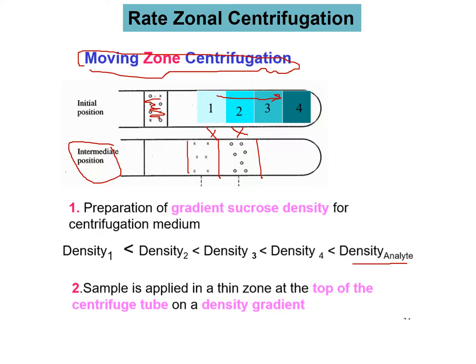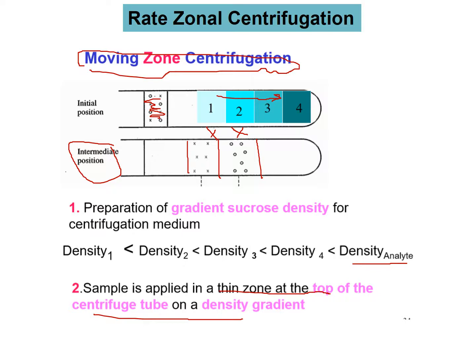Yeah, I wouldn't have done it this way. This needs to be reversed because your sample's here and then you go down in density. This is kind of the opposite way to put that. But anyway, the sample is applied as a thin zone at the top. So rate zonal always has a sample at the top, and then you have some type of density viscous gradient from low to high density.